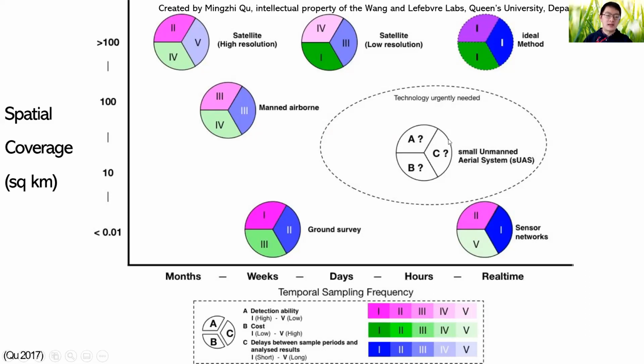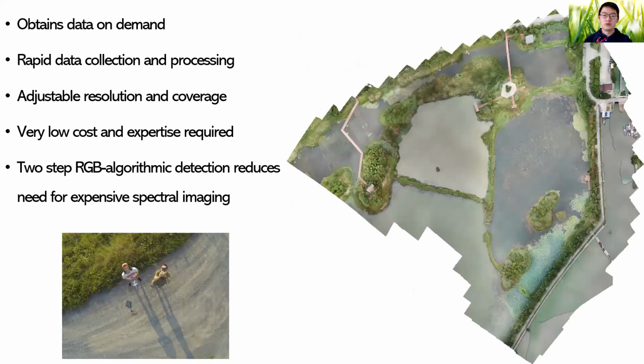So we decided to tackle this project with UAV imaging, which can be deployed on demand, is low cost, doesn't require much training and permits, and has very high resolution. And through using a consumer RGB camera instead of spectral sensors, combined with a detection algorithm, we can reduce payload and cost while retaining sufficient detection ability for early monitoring. So here are some of the benefits of drone imaging.